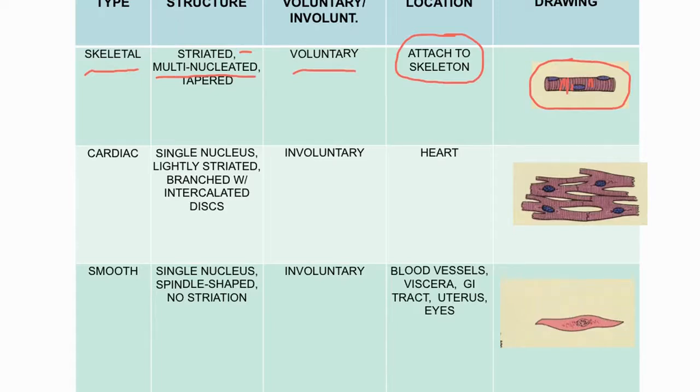And the next one is cardiac muscles. You probably know what that means. These are the muscles that are in your heart. They're also striated. You can't see the stripes as much, but there are stripes. They are single nucleus, so each muscle cell has only one nucleus.